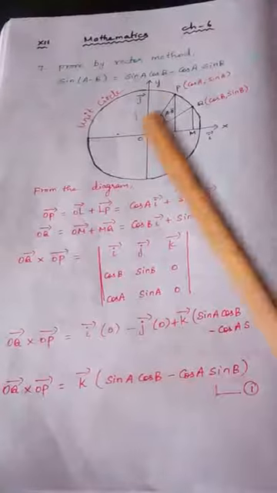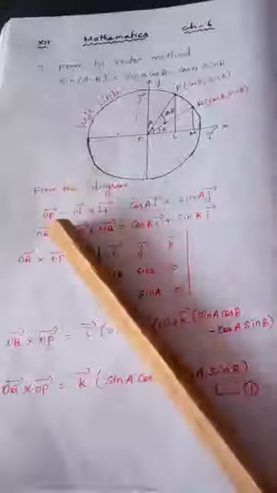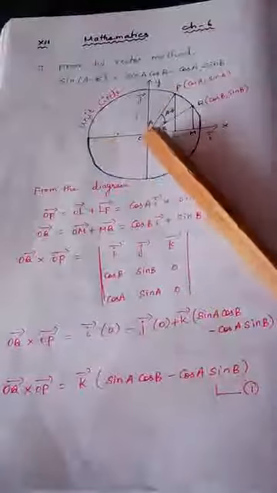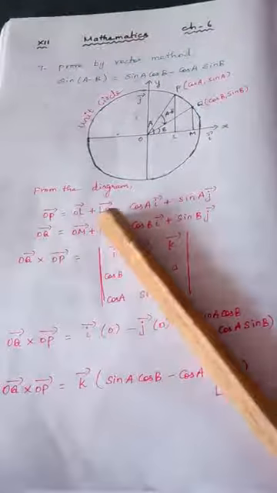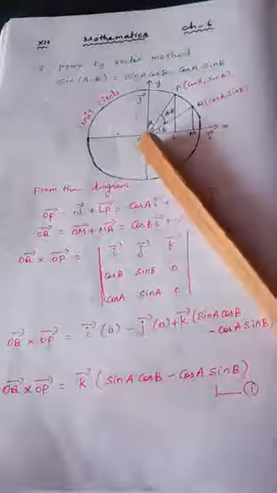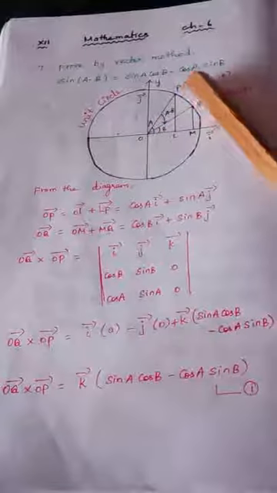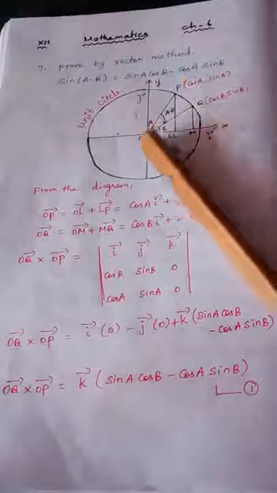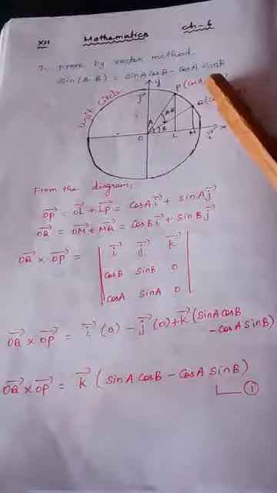Okay. From the diagram, how to write OP vector? This we have seen already. From O to L, then L to P. So OL vector plus LP vector. What is OL? If you see the diagram, OL is nothing but the x value of the point P. What is the x value?